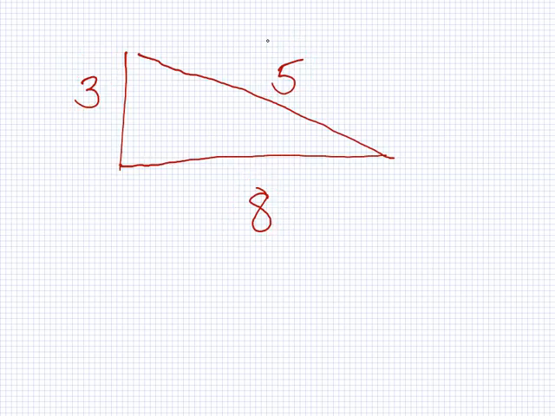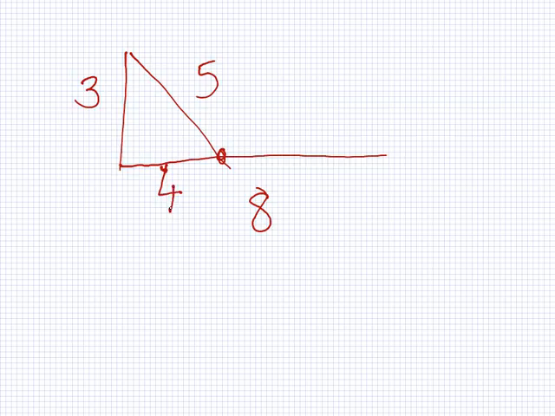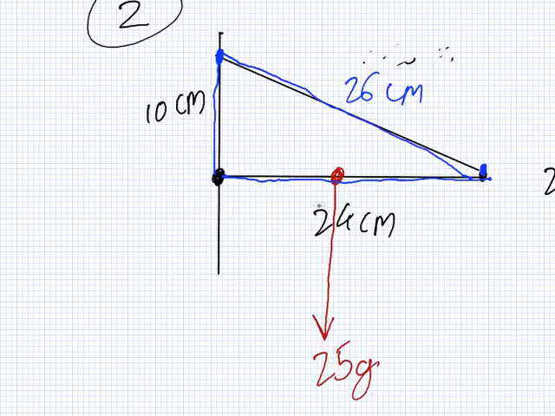So I must draw it like this. How much must this piece be? 4. And how did you get that? Pythagoras. So then that means this piece here is 4 as well. So it's because of Pythagoras I know the picture must be like this.